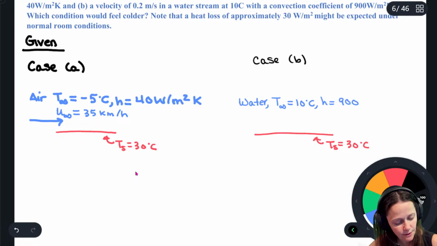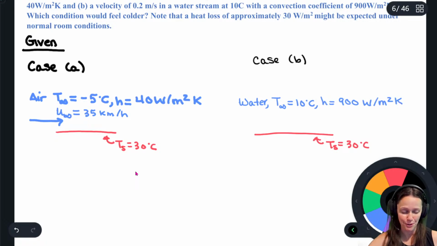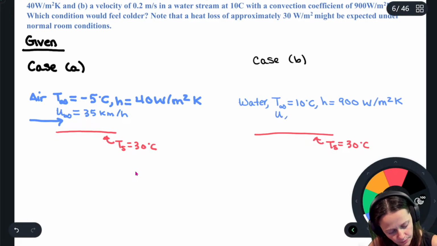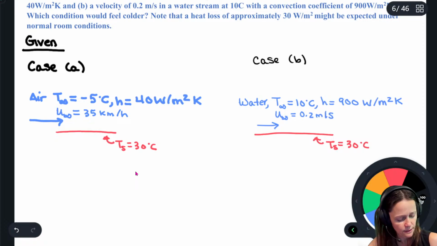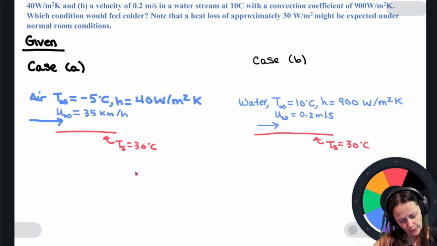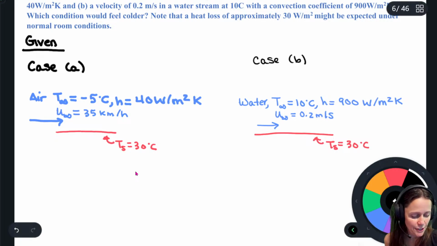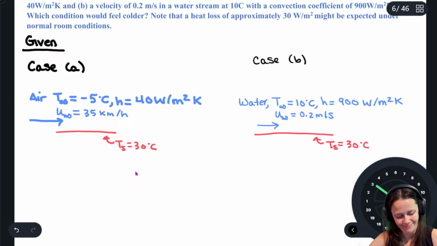So 900 watts per meter squared Kelvin or per meter squared degree Celsius. They do give us a free stream velocity in the x direction. Free stream velocity is 0.2 meters per second. All right, and then the question is, which one feels colder?